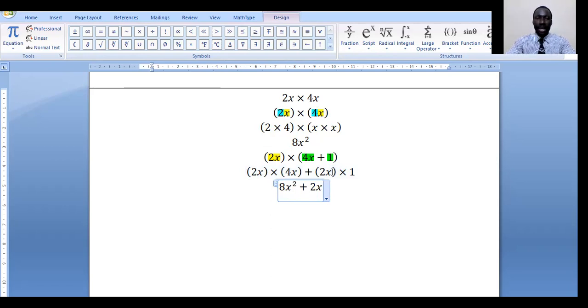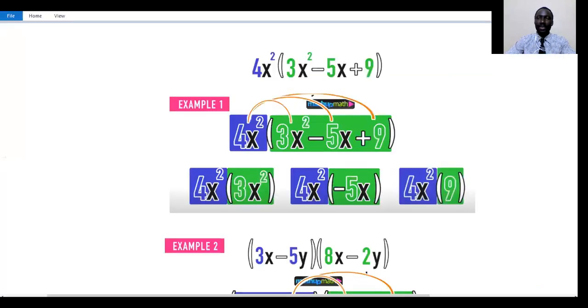Now, this is how we carry out the multiplication of algebraic expressions. I'm going to be sharing again with you another screen where we have the overall, kind of general expressions. Suppose that we have this. See?